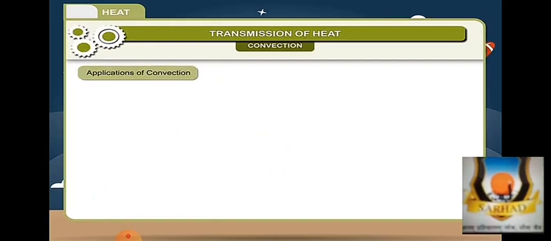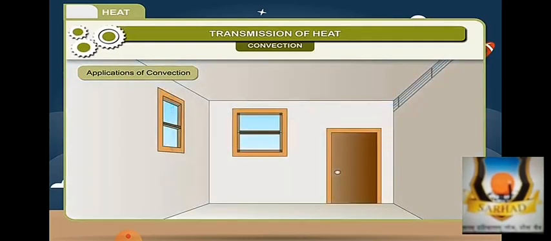Applications of convection. One: ventilators are provided near the ceilings in the rooms of our house. The hot air from our breath is lighter and so rises up and goes out from the ventilators. The fresh cool air is heavy and comes inside from doors and windows. Hence, circulation of air is maintained inside the room.